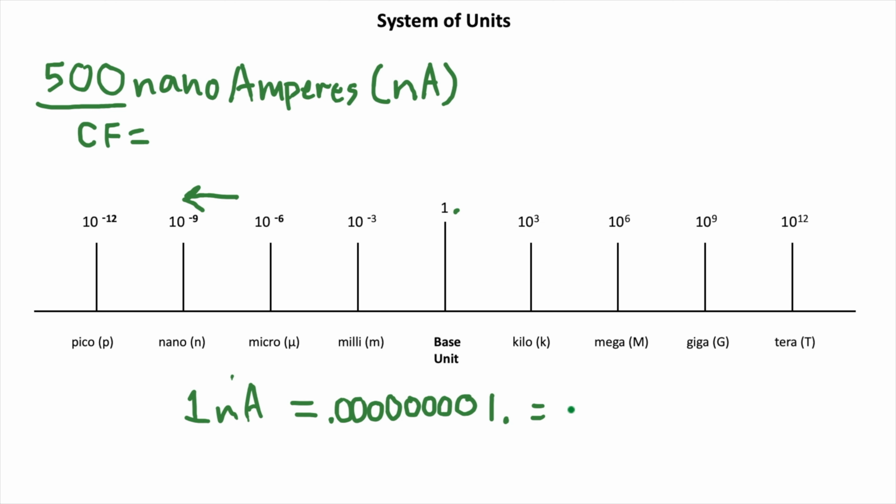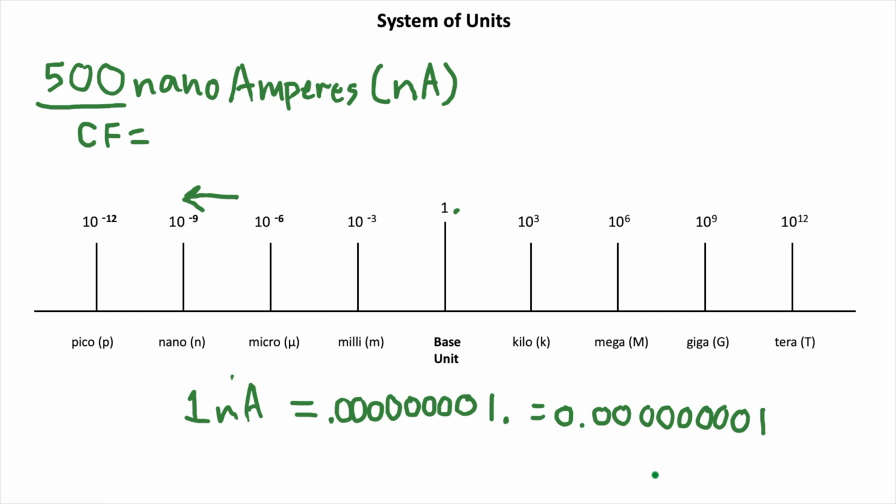So to rewrite this, we have our 0 up front per the standard, and then we're going to have 8 zeros, 1, 2, 3, 4, 5, 6, 7, and 8, and then our significant measurement there. So this is our conversion factor.